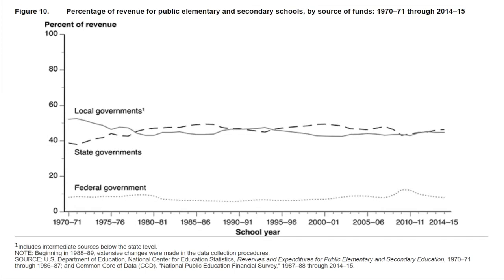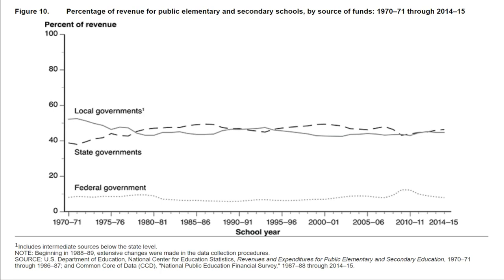So, we have three sources of public funding in our U.S. education system. In this chart, we see the average percent of funding from each source going back to 1970. Down in the lower left corner, we can see that federal funding looks to be at about 10% and has held steady across the years.